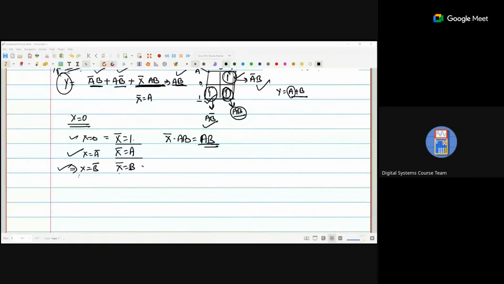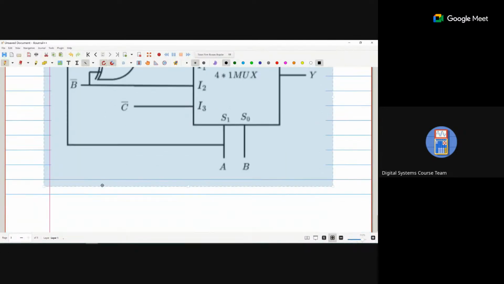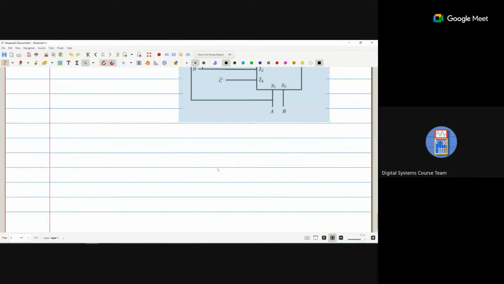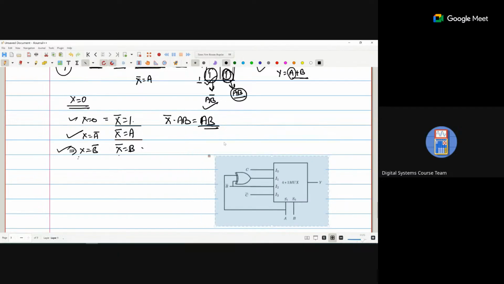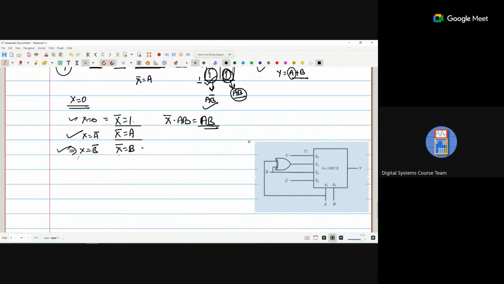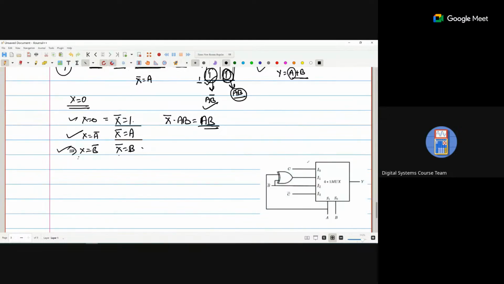Now question number 12. Can you try it again? Question number 12, I just copy and pasted it. Yes, anyone try it?